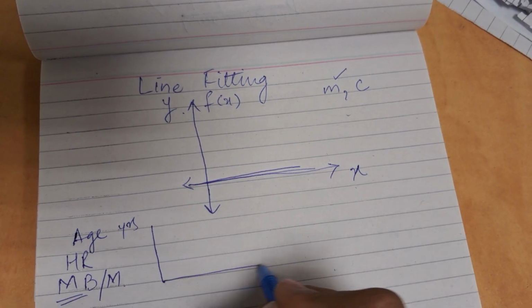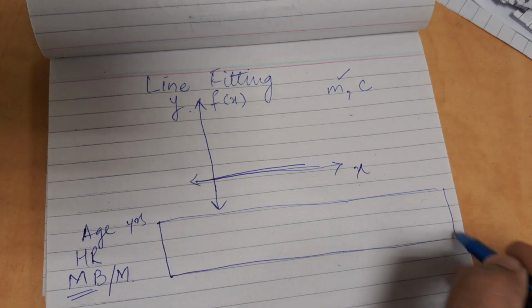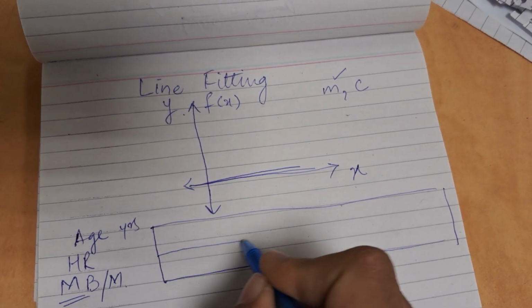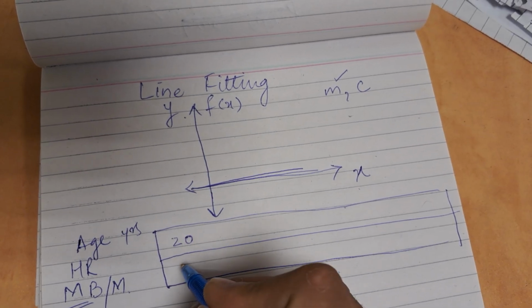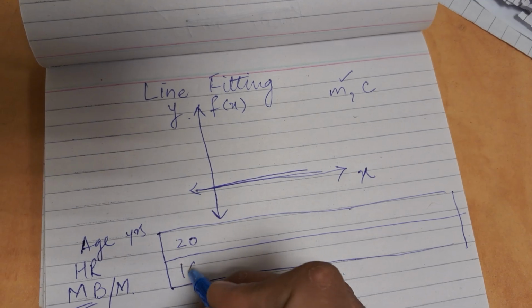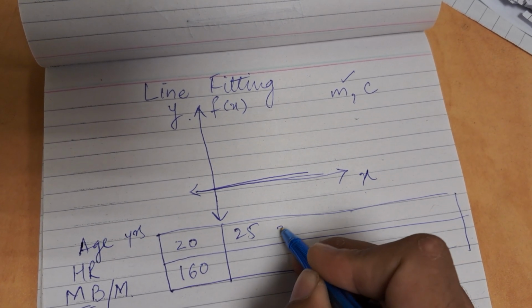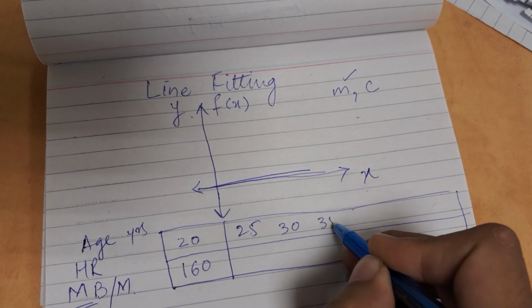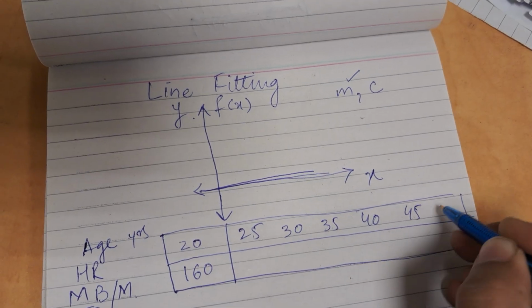If I use the data in this form, let's say the values for the ages 20, 25, 30, 35, 40, 45, 50, and so on.